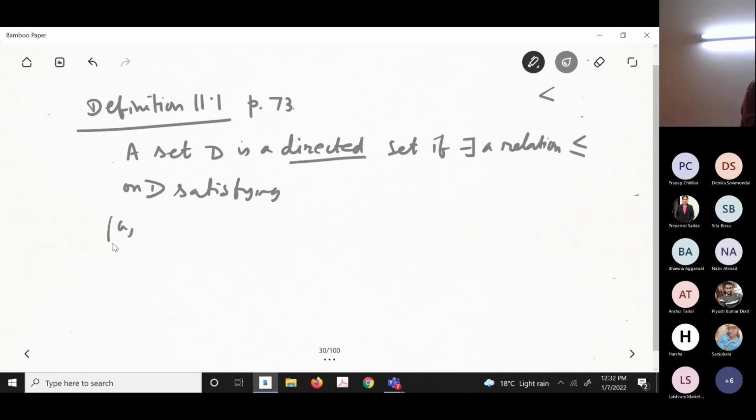A, this is reflexive. That is, usually we write small lambda, that is lambda related to lambda for all lambda belonging to D. He has taken big lambda. B, this is transitive.